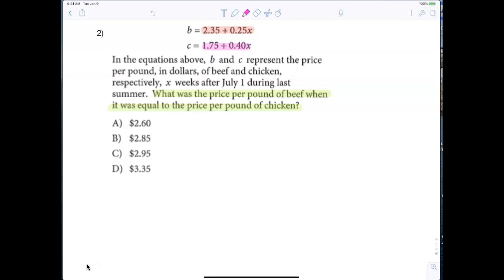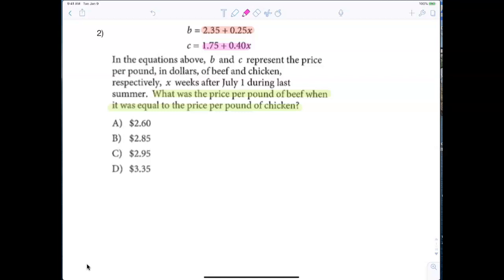So what can I do to those two equations? Actually, that's pretty close, but there's a simple problem. Could you keep adding until you get it? Somebody else said that too, and yes, there's a way you can kind of guess and check. But aren't we trying to find when the beef is equal to the chicken, right?